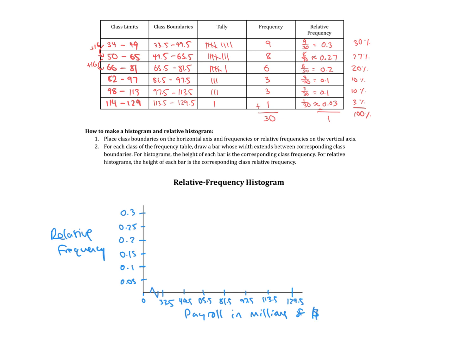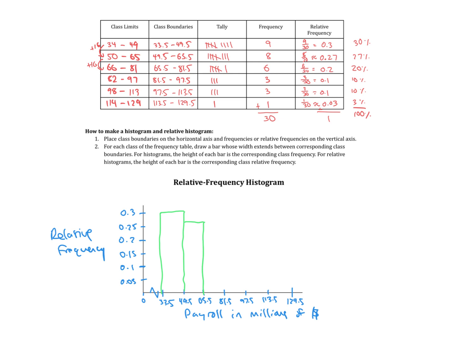Okay, so now to make my bars, same thing as before, I'm going to extend that first bar up to 0.3. My second one to 0.27, which would maybe be about here.